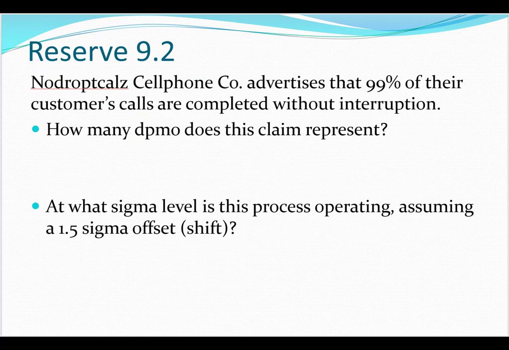Here's another problem. A cell phone company advertises that 99% of their customers' calls are completed without interruption. How many DPMOs, or defects per million opportunities, does this claim represent?